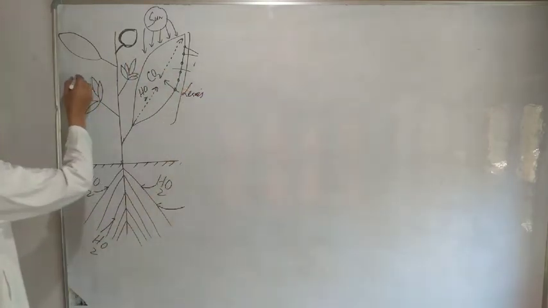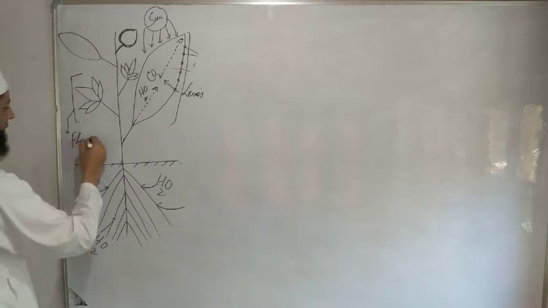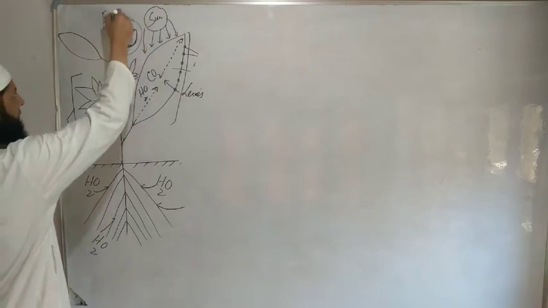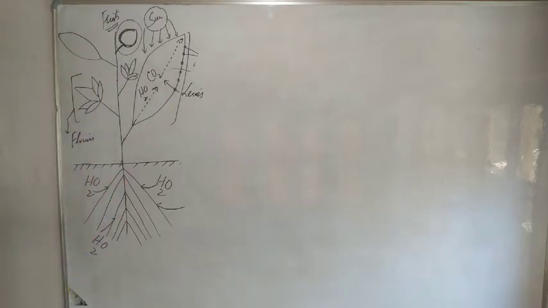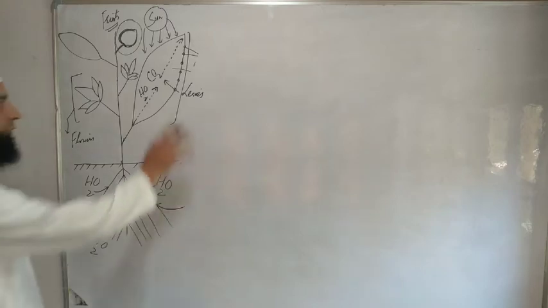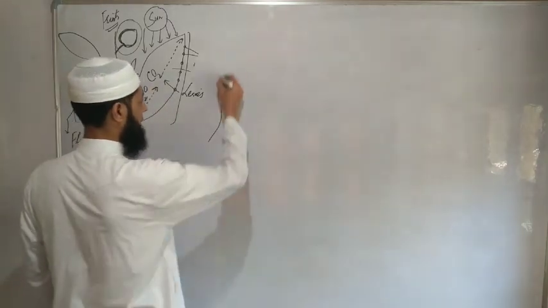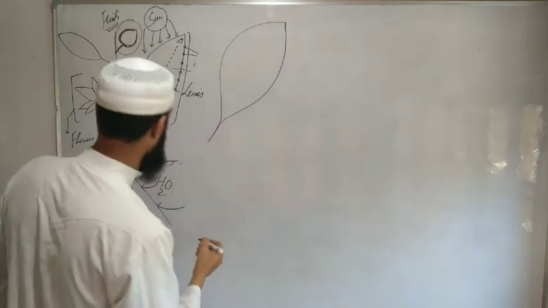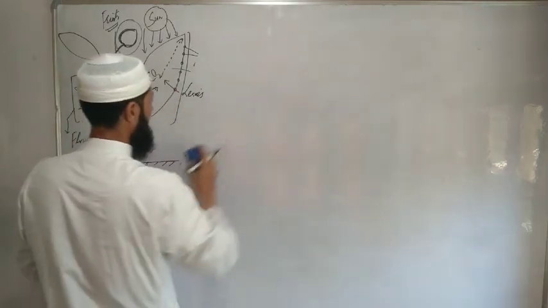Besides leaves, this plant forms flowers as well as storage organs in the form of fruits. But for the process of photosynthesis, leaves are involved. We can take this leaf like this.